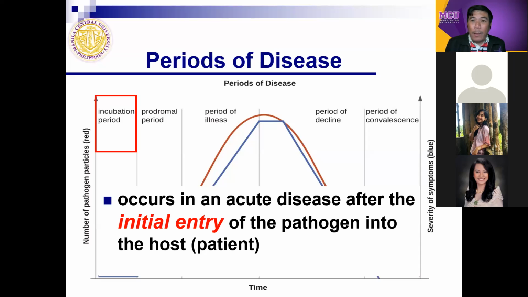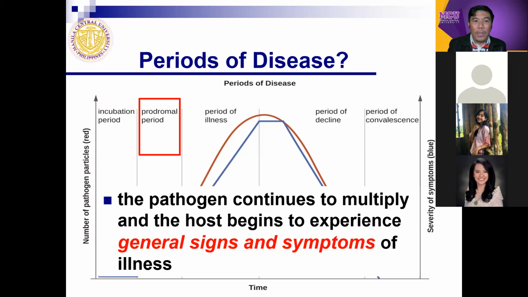That's why the acceptable incubation period is different: for the unvaccinated, you will be observed for almost 14 to 21 days, and for a vaccinated individual who has been exposed to a positive and confirmed COVID-19 infection, 7 days. So the principle is you still need to be observed for any signs and symptoms. So the initial entry is the incubation period.